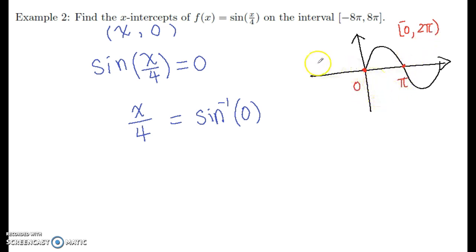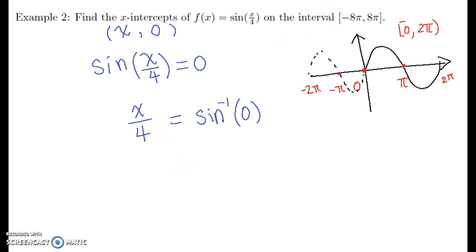And if you're really looking at the entire periodic function sine of x, you will notice there are more roots, so you get negative pi here, negative 2 pi, and 2 pi. They're all roots. So what is the pattern? The pattern is every integer multiple of pi. So 0 times pi, 1 times pi, 2 times pi, and so on.